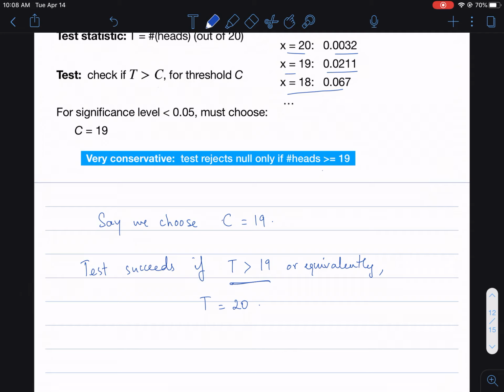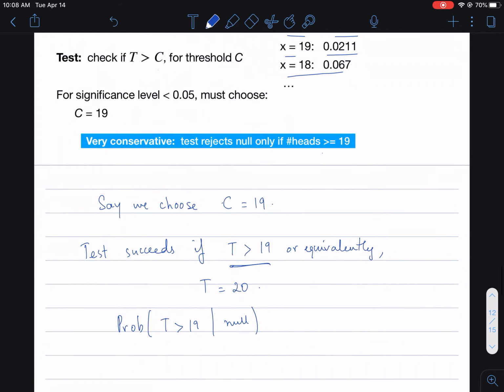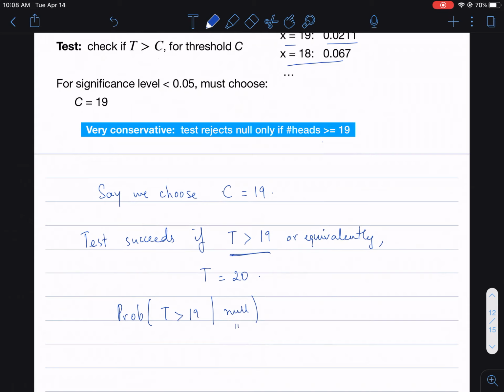And so the probability of t more than 19 under the null, I've already told you that instead of under the null, I could just say this is equivalent to saying p equals 3/4.